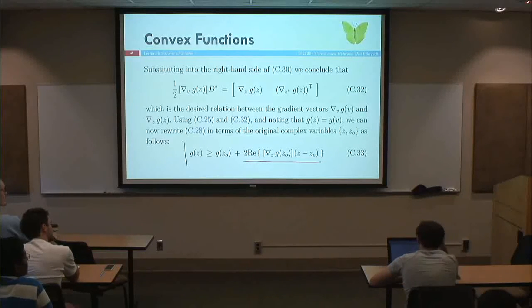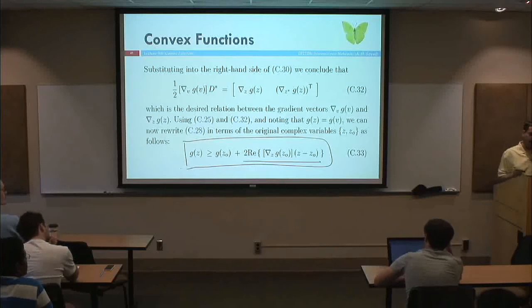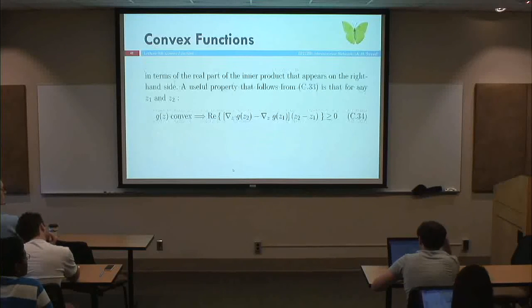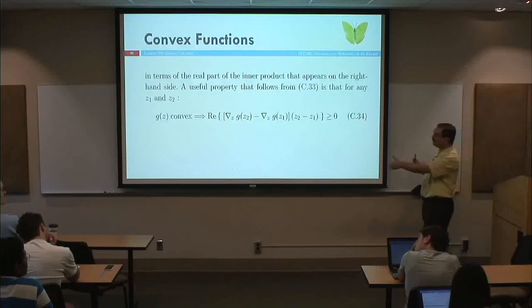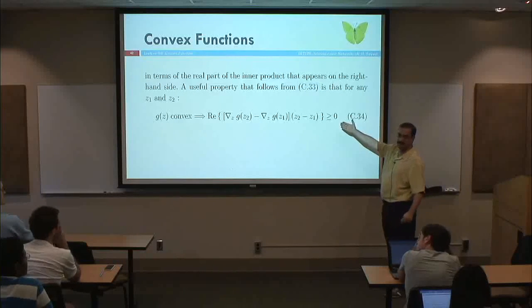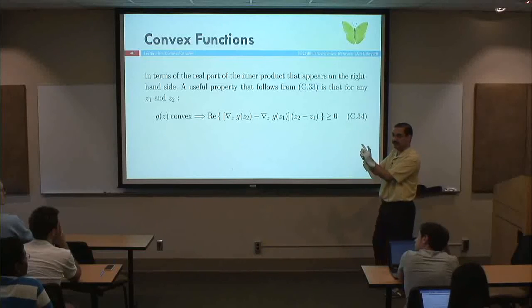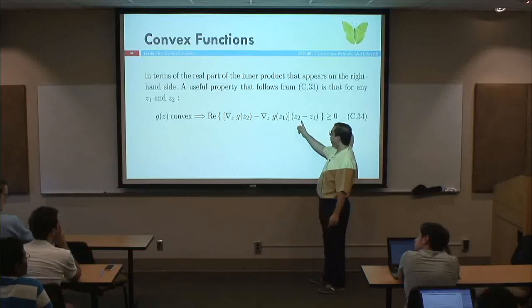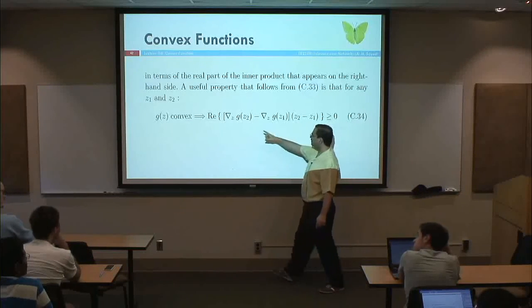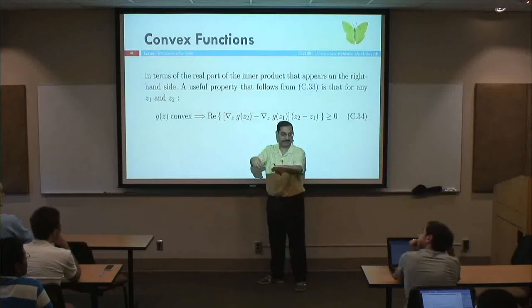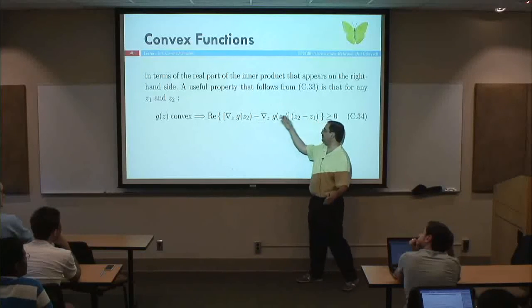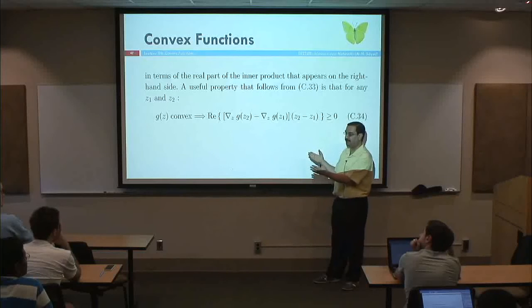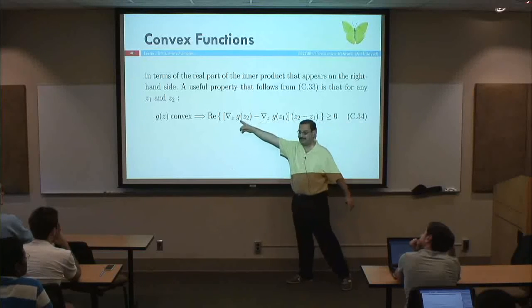But now this is written completely in the z domain. Fine? Okay. So let me show you what happens for the other situation. And from this property, you can deduce the extension of the inner product property I showed you before. Before you did not have the real part, now you have the real part. And it makes sense because this inner product, now that you are dealing with complex data, can be complex. You take the real part of it.